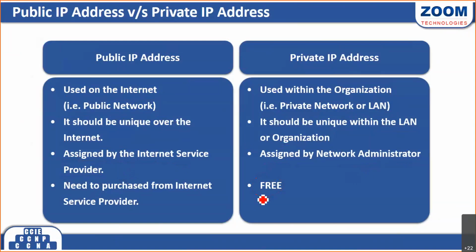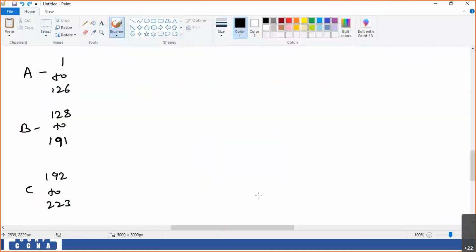Then which IPs are private IP addresses, and which are public IP addresses? Actually, the class A range is 1 to 126. In every class we have private IP and public IP.